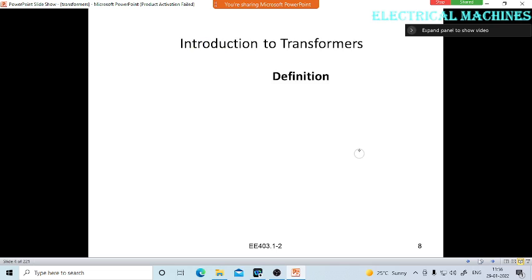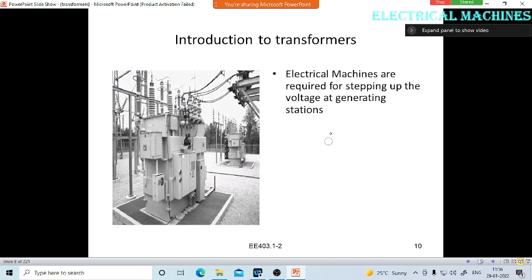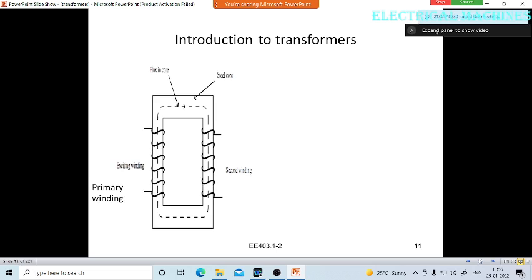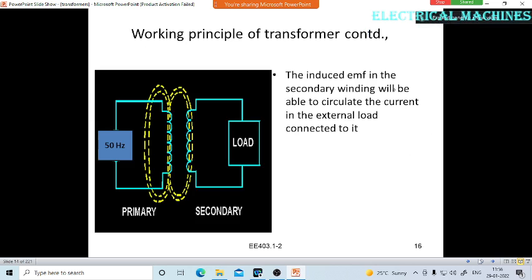We have discussed the various types of transformers based upon application type, and we also have classifications. So we'll go directly to the classification.